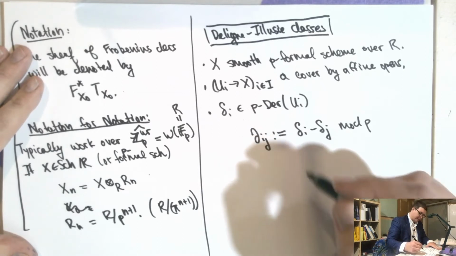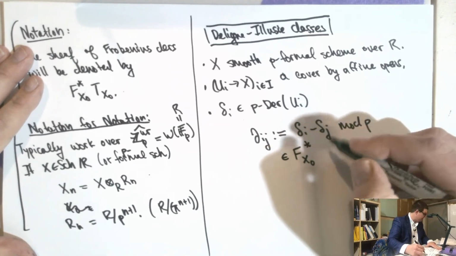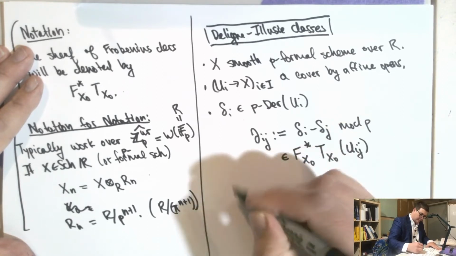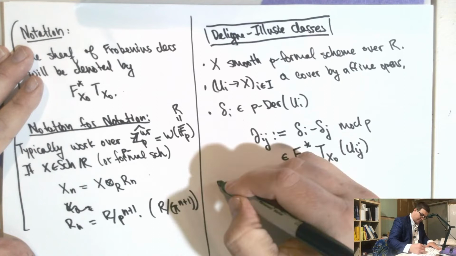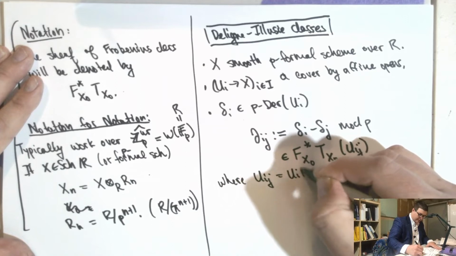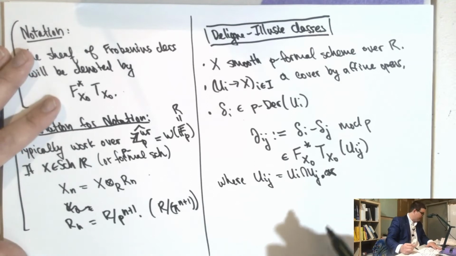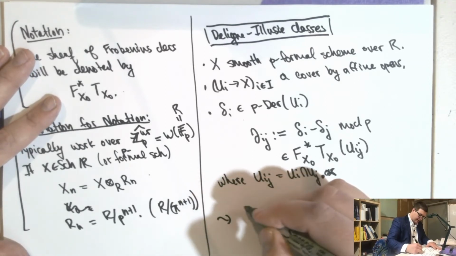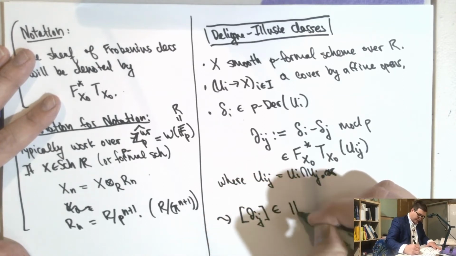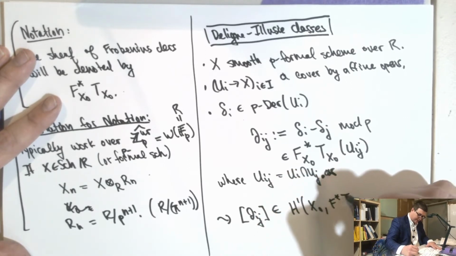Okay, so this thing is an element of the Frobenius tangent sheaf of its reduction, T of X_0, of U_ij, where U_ij is U_i intersect U_j as usual. Then this gives us a Cech cohomology class, which is an element of H^1 of X_0 with coefficients in the Frobenius tangent bundle.